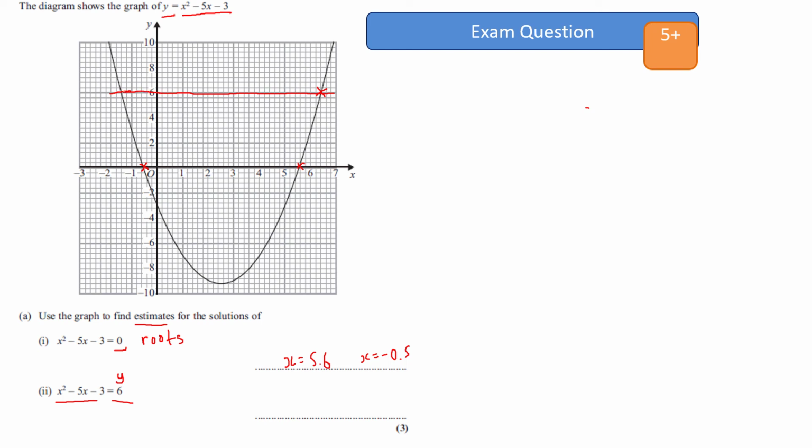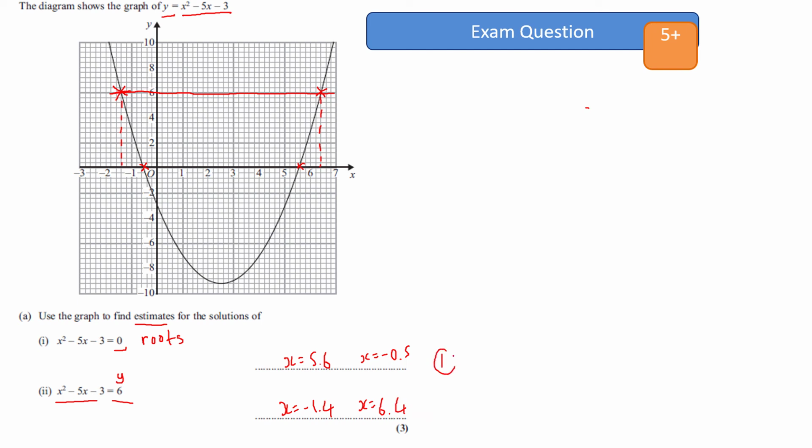You'll look a bit more professional to the examiner. Write down those 2 coordinates. Be careful. That looks like x equals minus 1.4. And that looks like x equals 6.4. And that's an easy 3 marks, right?